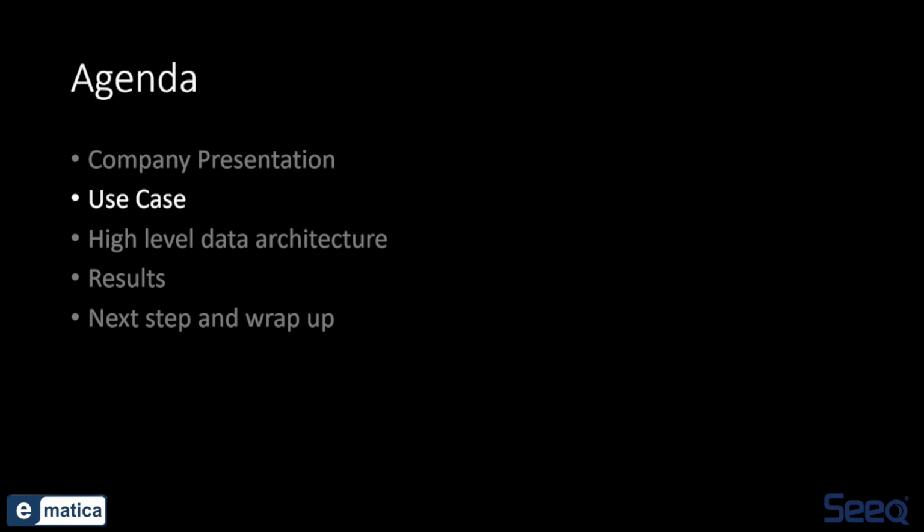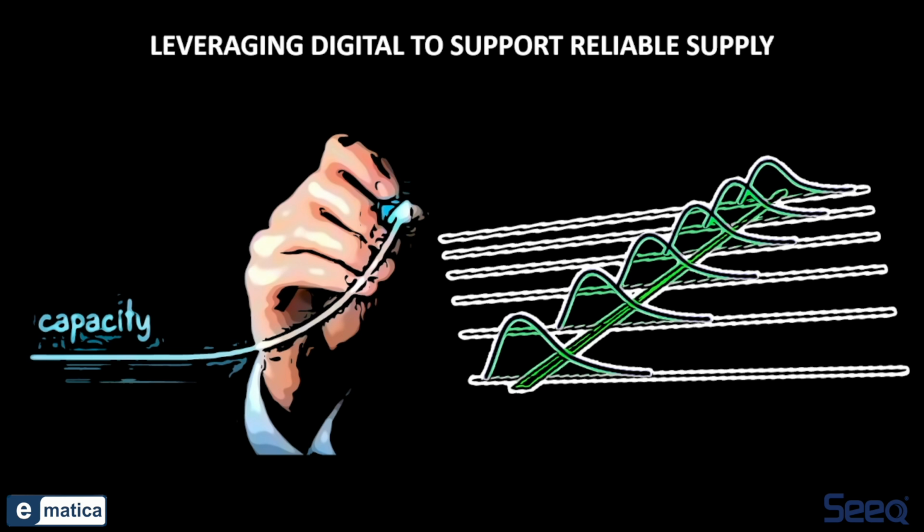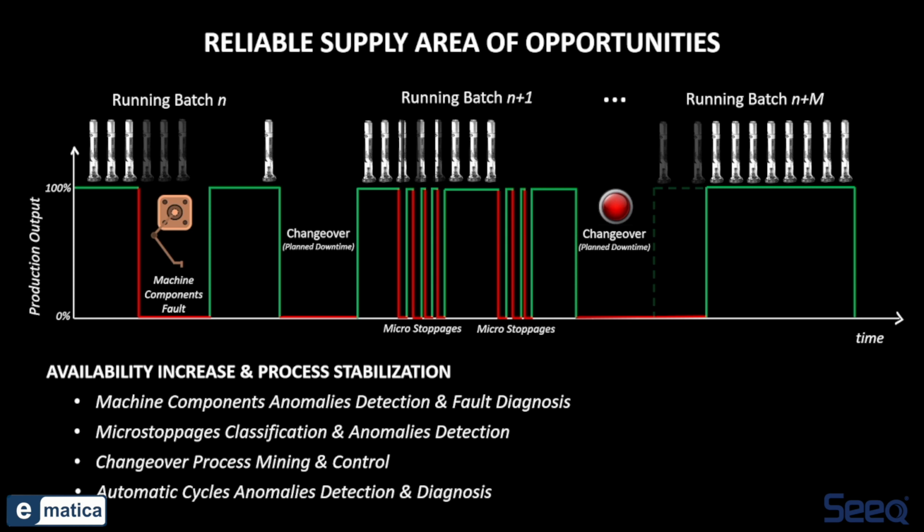So let's switch to our use case right now that we picked for Seeq. Now, our goal as a team is supporting drug production. So we want to increase drug production. That's our goal.